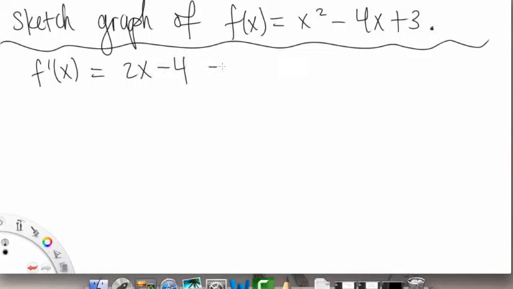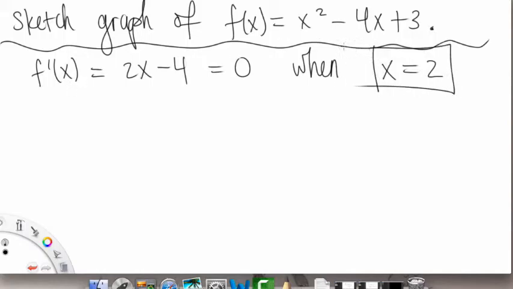This equals 0 when x is equal to 2, because 2 times 2 minus 4 equals 0. So this is a transition point. Now our second derivative is 2, a positive 2. There is no transition point because it's always going to be positive.